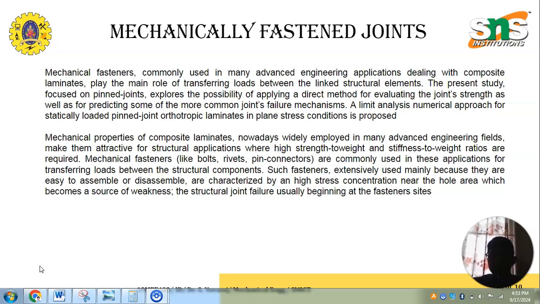Composite laminates play the main role of transferring the loads between the linked structural elements. This present study, which has mainly focused on pinned joints, explores the possibility of applying a direct method for evaluating the joint strength as well as predicting some of the more common joint failure mechanisms.